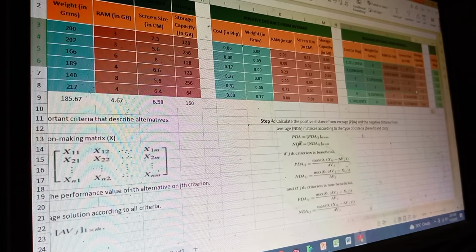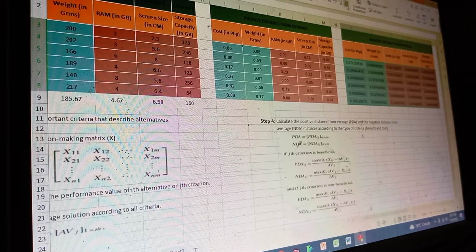So, okay, we'll have two decimal places also.